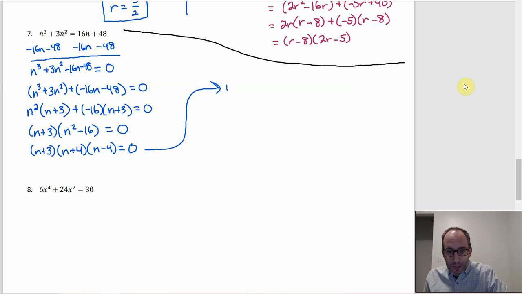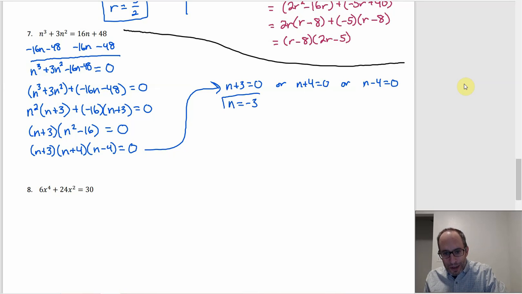So now you'd have that n plus 3 equals 0, or n plus 4 equals 0, or n minus 4 equals 0. And so then solving the first one, we could have negative 3. That would work. The second one would be negative 4. And then the third one would be 4.